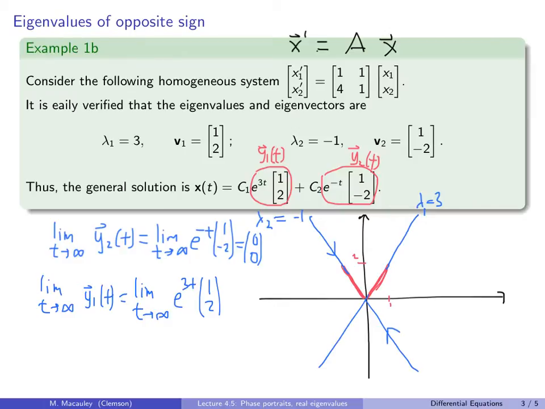And well, technically that limit doesn't exist. So let me modify this a little bit. Let me say the limit in the norm of that. So that's the distance from the origin. If I say this, now I can safely say that that is infinity. So in other words, curves that start here go that direction. They go away from the origin. So we have something like this.